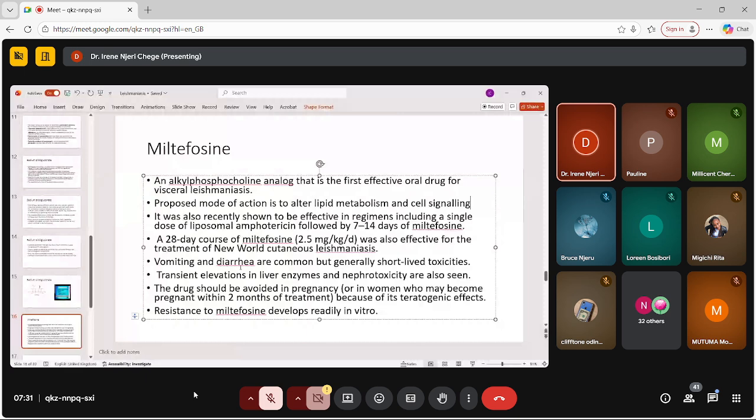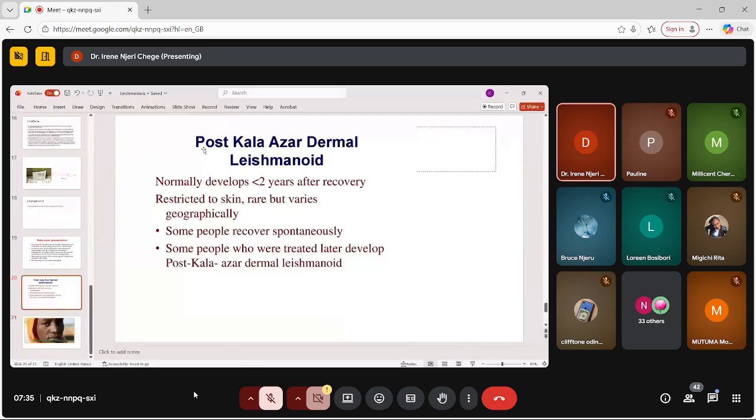We talked about, and I showed you pictures last time, post-Kala-azar dermal leishmaniasis. It develops 1 to 2 years after the patient has been treated and recovered. After treatment, the parasite can become dormant and then active again, and it involves the skin.